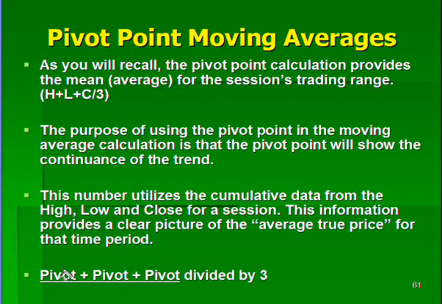That is a 3-period moving average of the pivot point. That's what this number is. And that number is giving you a truer reflection based on the values of the high, the low, and the closes for not only one session, but all 3 past sessions.